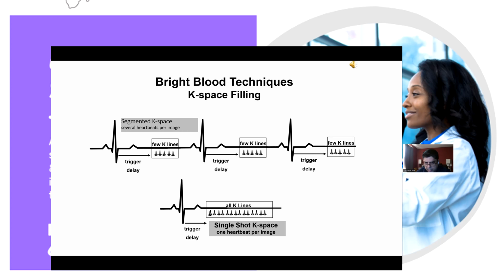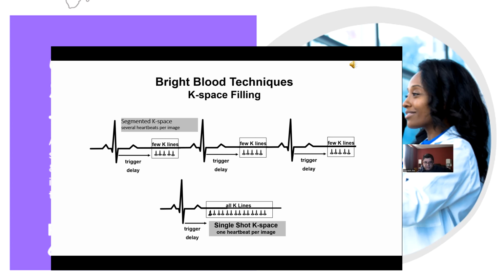Then we collect 16 lines of K-space per heartbeat. And 10 heartbeats will get us to 160, and 16 heartbeats will get us to 256. I think I've done that right. I can't remember my times tables anymore.